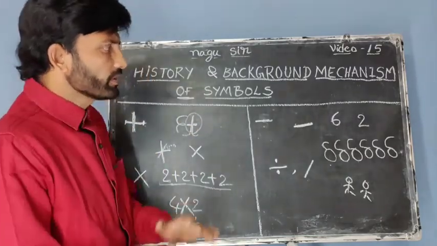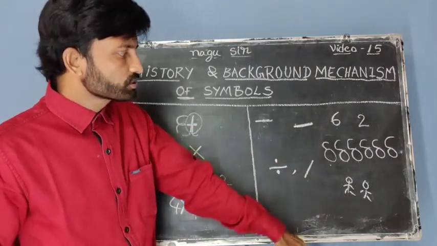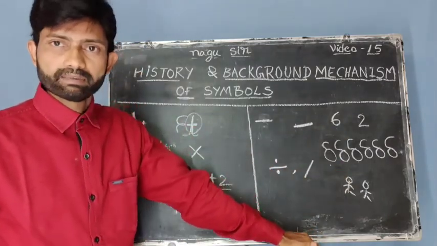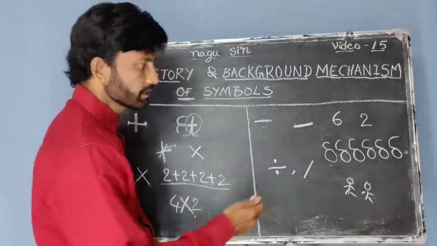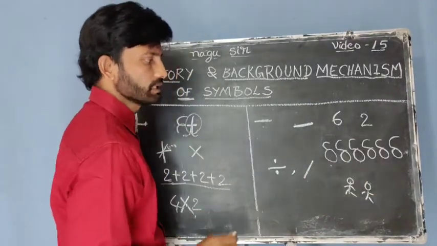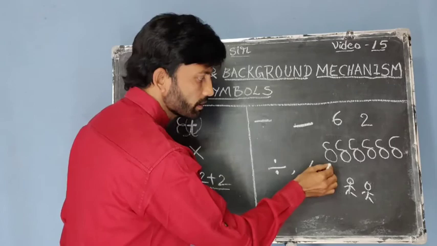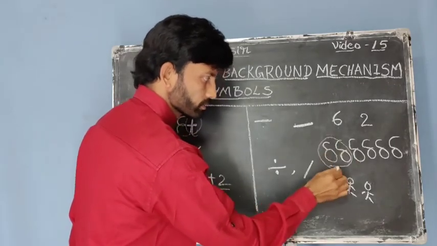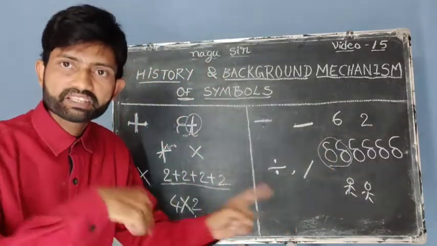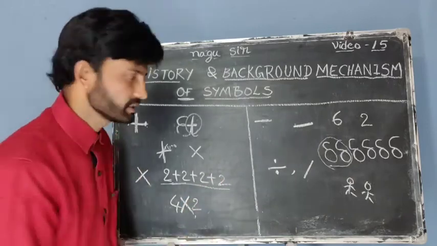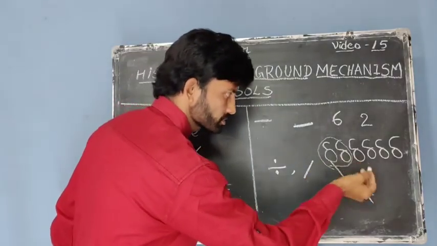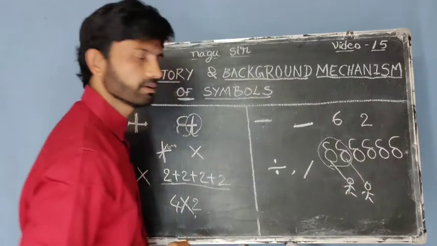Before going to represent a symbol, I want to do this problem. Here I have 6 mangoes. First, I want to subtract 2 mangoes from this and share these 2 mangoes with the children. Easy. One is to him and another one is to him.